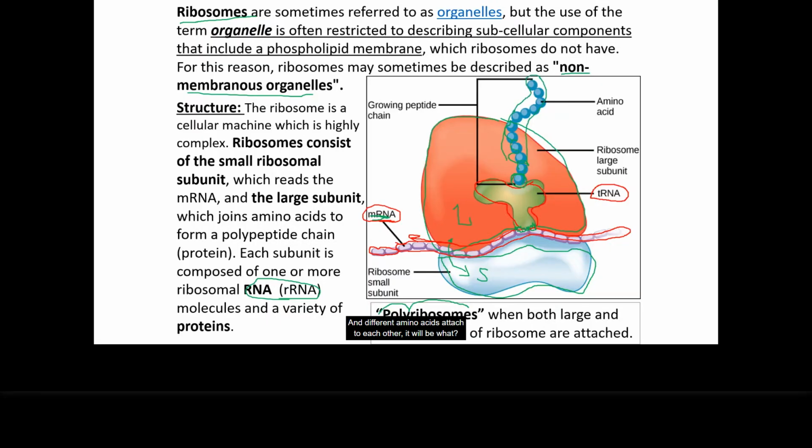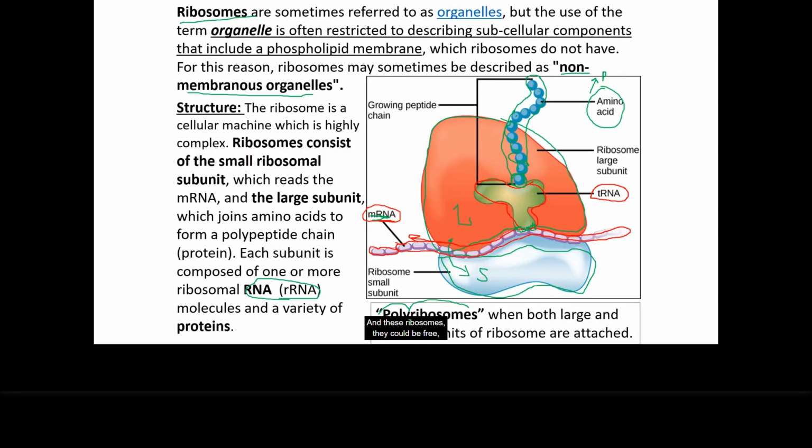And different amino acids attached to each other, what will it be? This will be our first structure of the protein. This is how a protein forms. Proteins are made up of amino acids. So overall, without little details, ribosomes are made up of two subunits, large and small, and the main function is to synthesize different proteins.